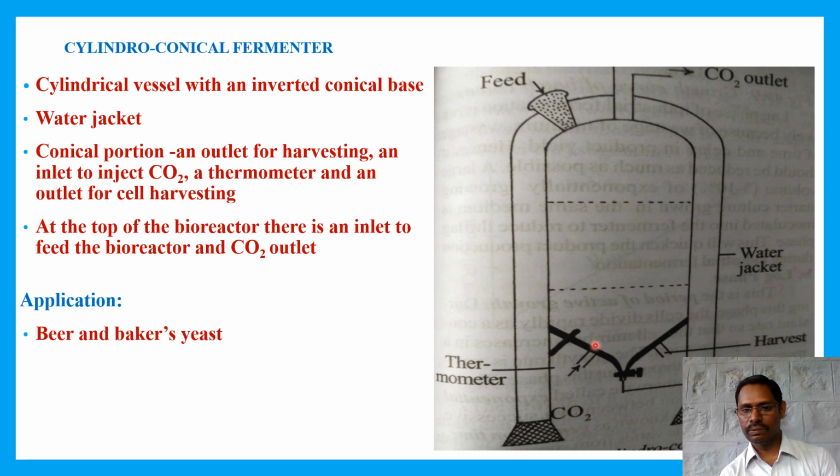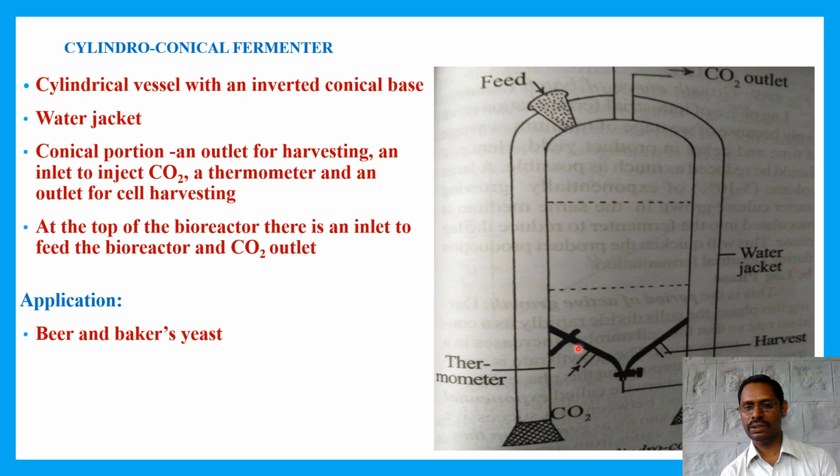The introduced carbon dioxide is utilized by the microorganism present in the fermenter. After the fermentation process is over, the exhaust carbon dioxide is released and can be collected, and again utilized in the carbon dioxide inlet. So the carbon dioxide can be recycled again and again.